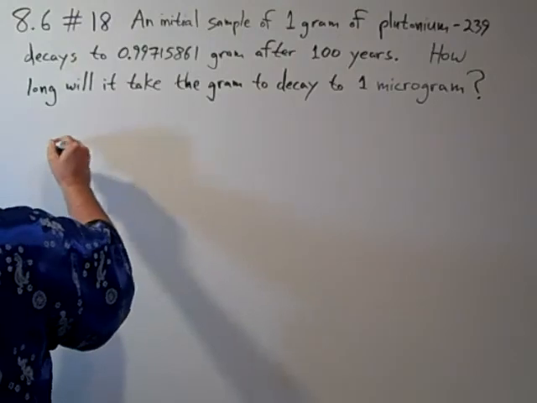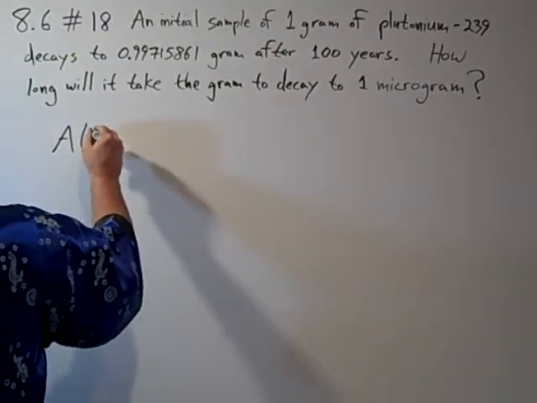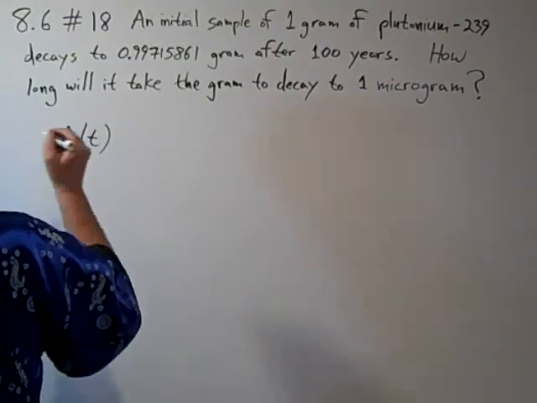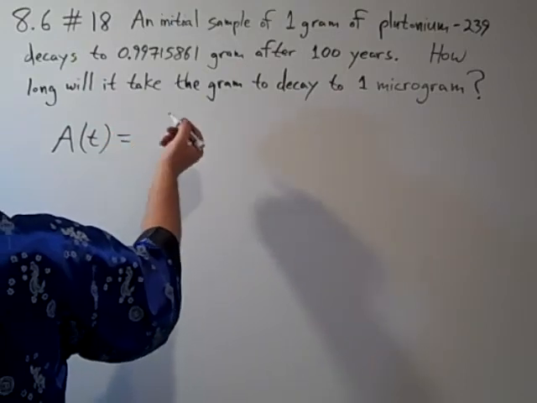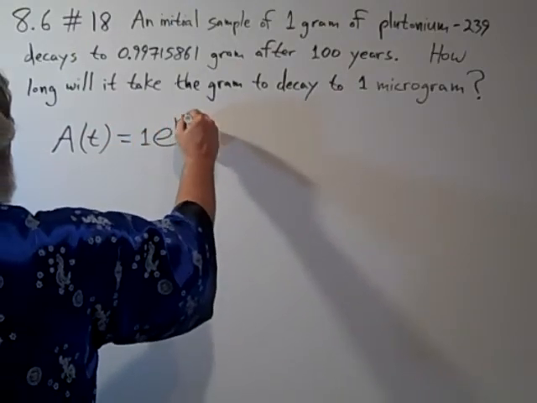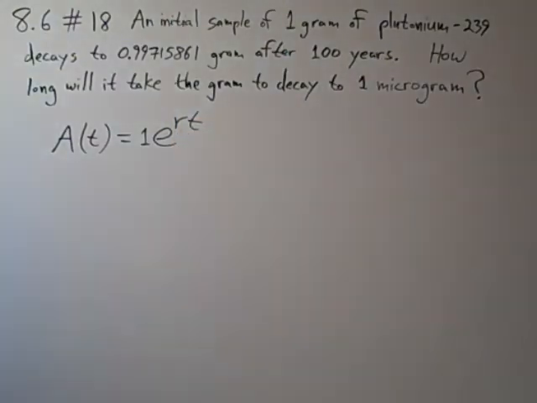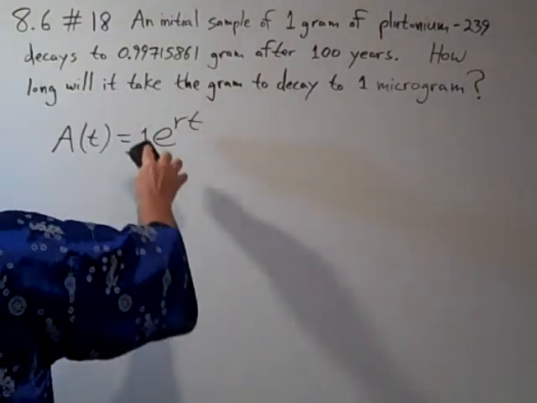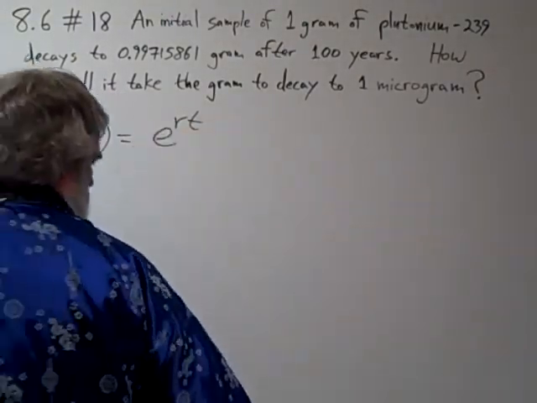Okay, the amount we have after t years will be equal to 1 times e to the rt, where r is the decay rate, a negative constant which we have yet to find. And 1 times e to the rt is just e to the rt.